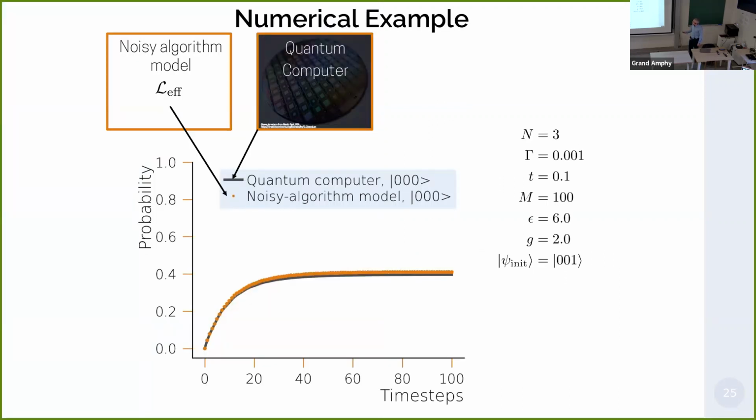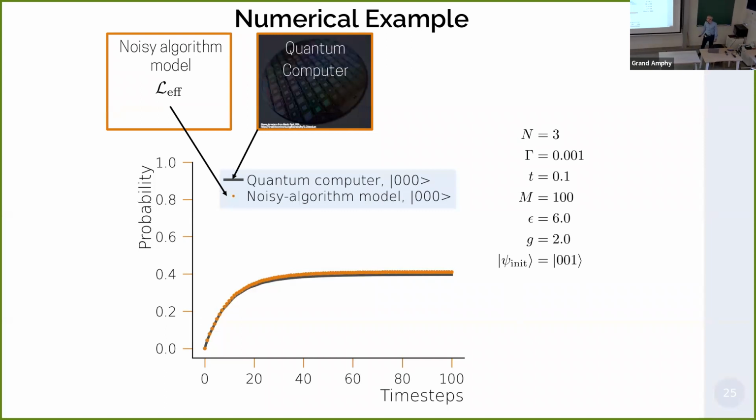We show one simulation, the black line, which is the gate-based quantum computer, where we calculate what the gate-based quantum computer would do by calculating the gate, then the noise, then the gate, then the noise, and so on. So it's all gate-based here, and we do the Trotter expansion. And here we solve the noisy algorithm model, meaning we just use QuTiP and solve the master equation. And the two fit each other excellently.